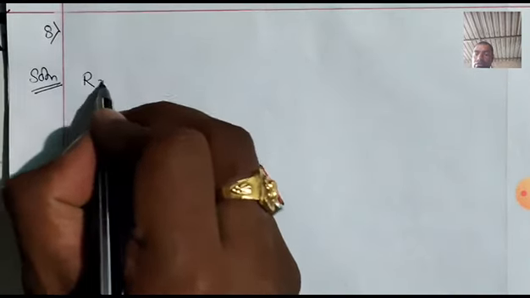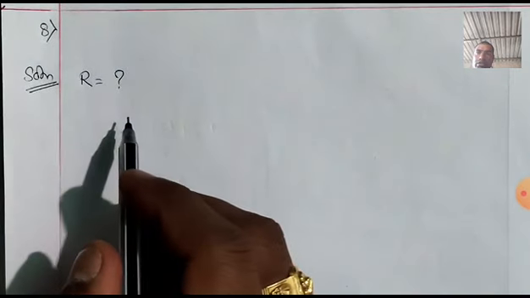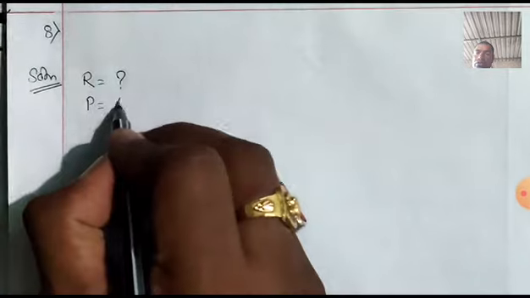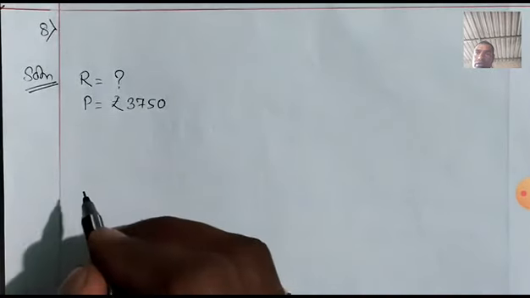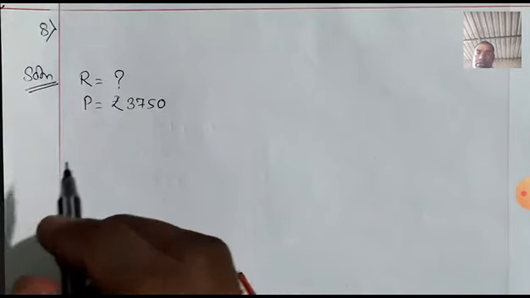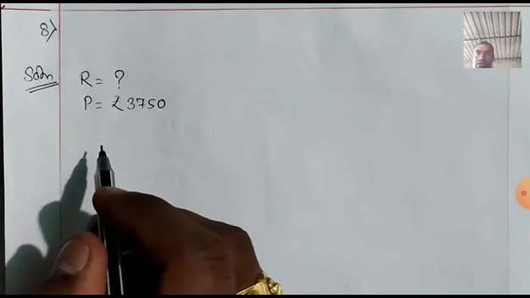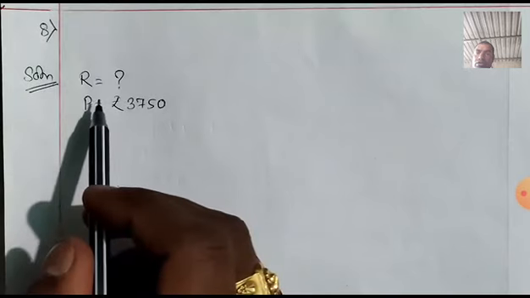In question number 8, we have to find the rate of interest. So R is the question mark, I have written. P is equal to 3750. Then the amount is also given, so you can use the amount and principal formula.